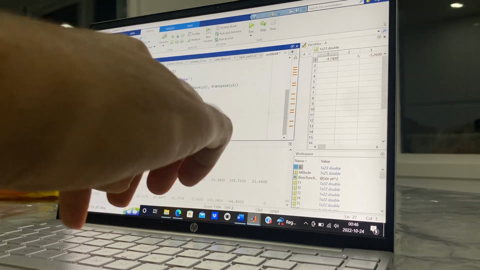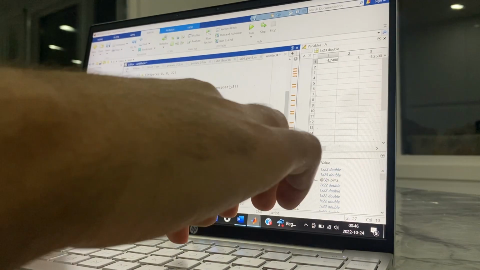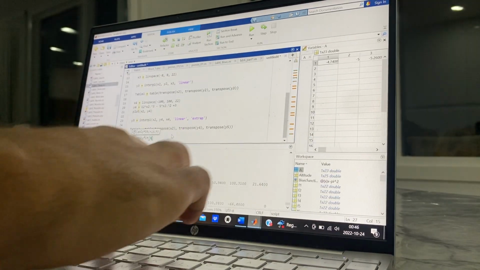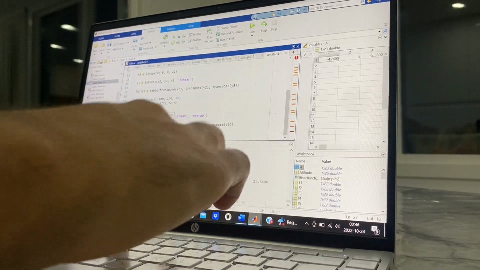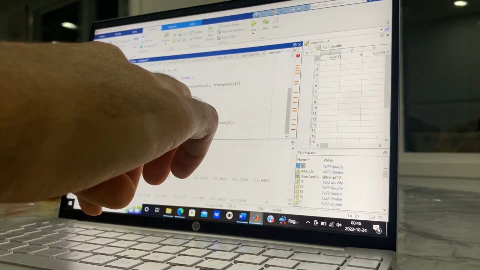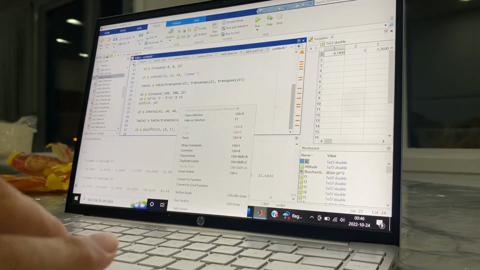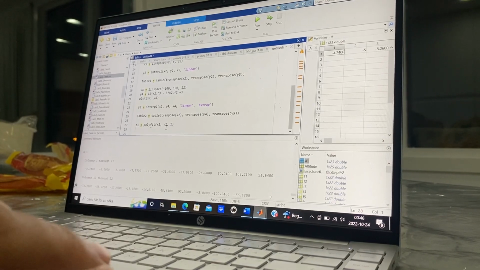I will call it Z1. Polyfit x2, y2, and of degree 1. So we'll do six of this, because we'll do from degree 1 to 6. So this is the first degree.